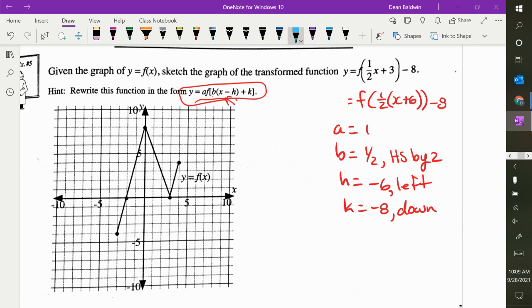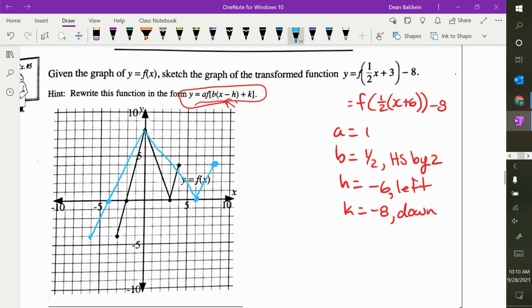So multiply all your x values by 2. If you do the horizontal stretch by 2, you get this light blue graph, and I should have picked another color, but let me zoom in.